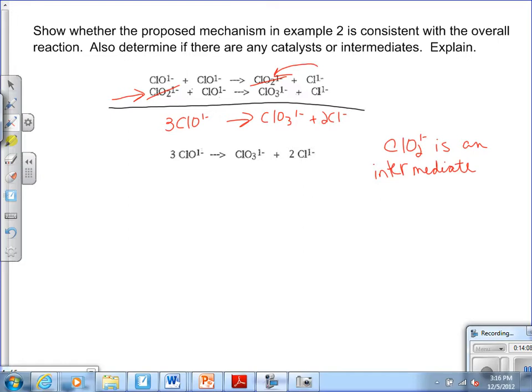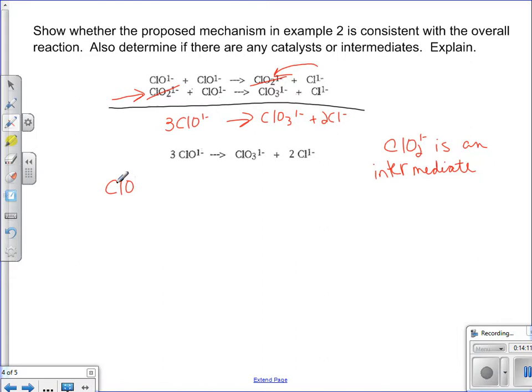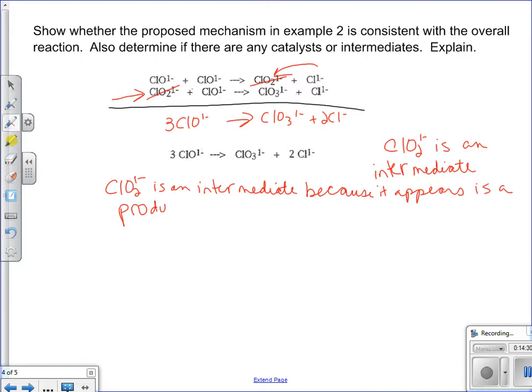And then to explain, we would have to write chlorite is an intermediate because it appears as a product in step 1 and is later used up in step 2.